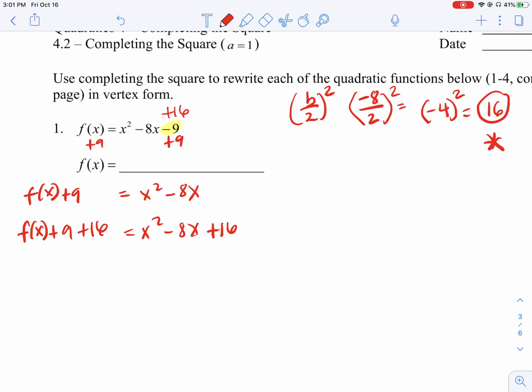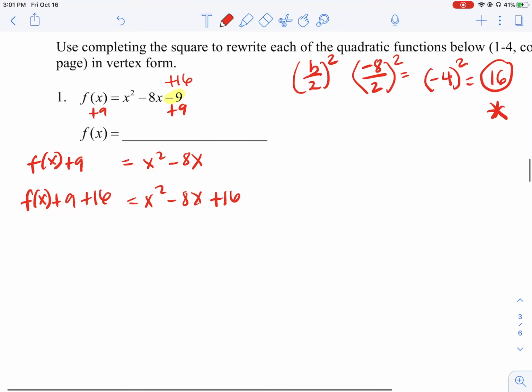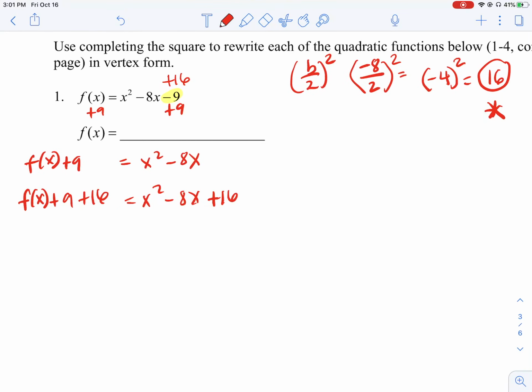So because I have to add 16 to the right side, I'll have to add 16 to the left side. That makes sense? Okay, now let's add 9 plus 16. So that's f of x plus 25 equals, we can factor this out. What gives us 16 when we multiply and gives us negative 8 when we add?